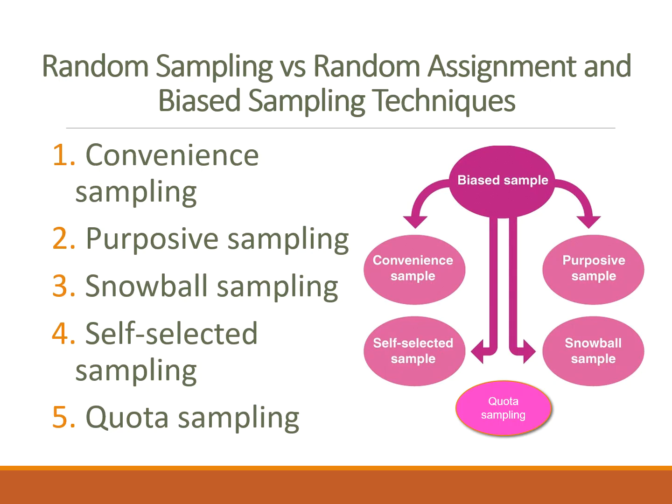Purposeful sampling means that I know that I'm not going to get an actual representational sample, but I want to make sure that I get the people that I want in my study. So for instance, if I'm looking at people that are in assisted living homes, that'd be purposeful sampling. I'm looking just at that group, and I purposely go to an assisted living facility and try to get as many as possible.